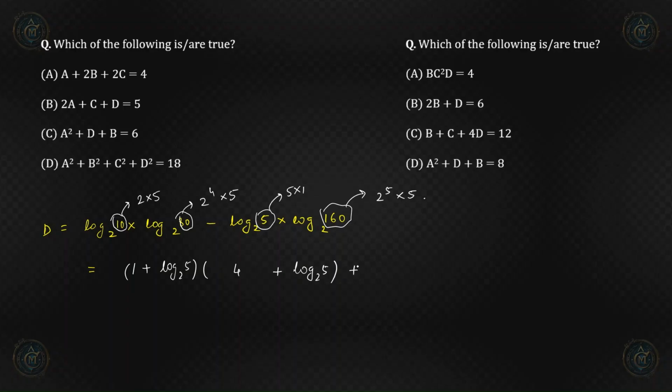Plus minus, then we have log of 5 base 2 times, this will be simply 5 plus log of 5 base 2. Okay, so we have to simplify.